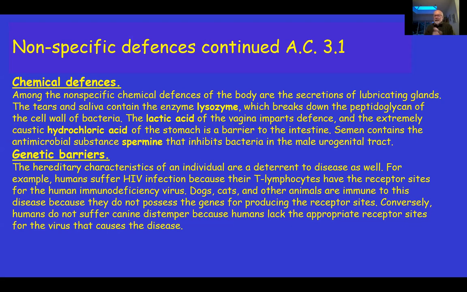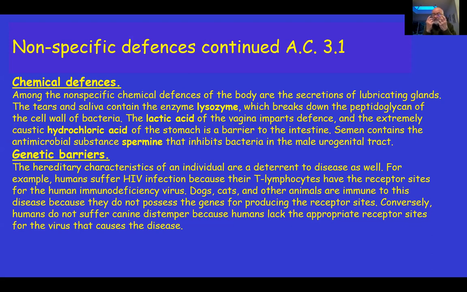To lyse anything means to break it open, and that's what the enzyme does. It breaks down the peptidoglycan of cell walls of bacteria. And that starts to break the bacteria.